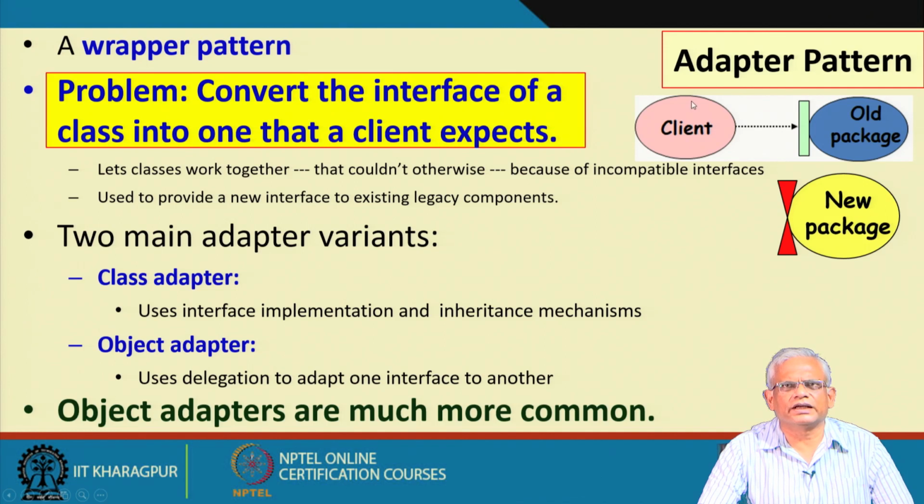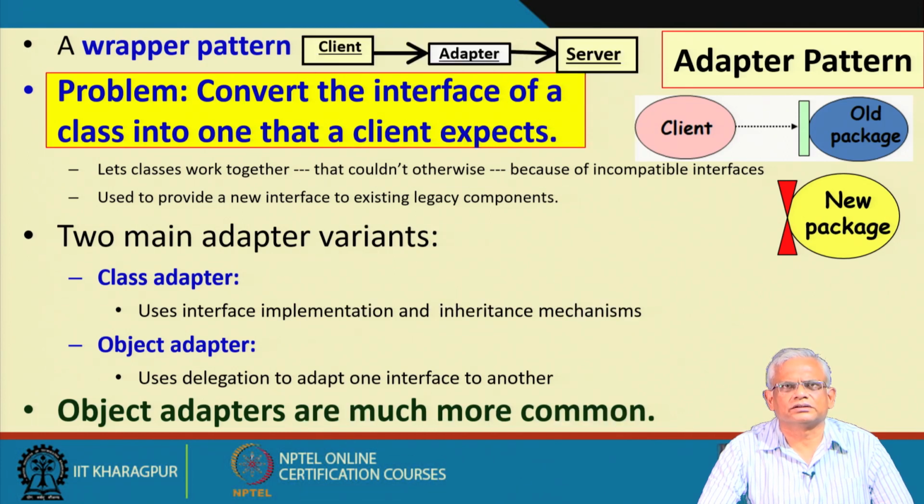We want to make the client work with the new package without changing the code of the client. That is, whenever the client makes a call to P or Q or R, a call has to be made to the new package with LMN, and that is what the adapter will do.